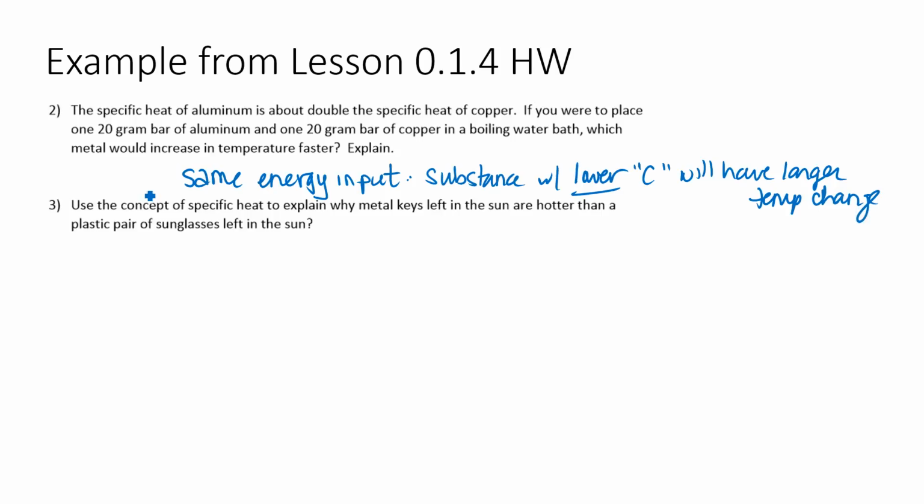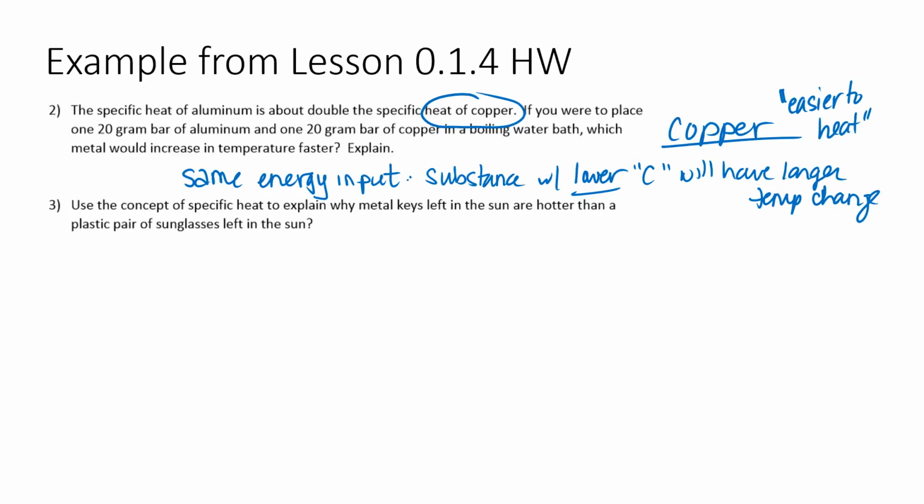So the metal that would increase in temperature faster would be the one with the lower specific heat, which it looks like here we're saying copper. So copper will increase in temperature faster. It has a lower specific heat. Again, the way I think of this is it's the one that is easier to heat, meaning it's going to take less energy to change the temperature of your copper sample.